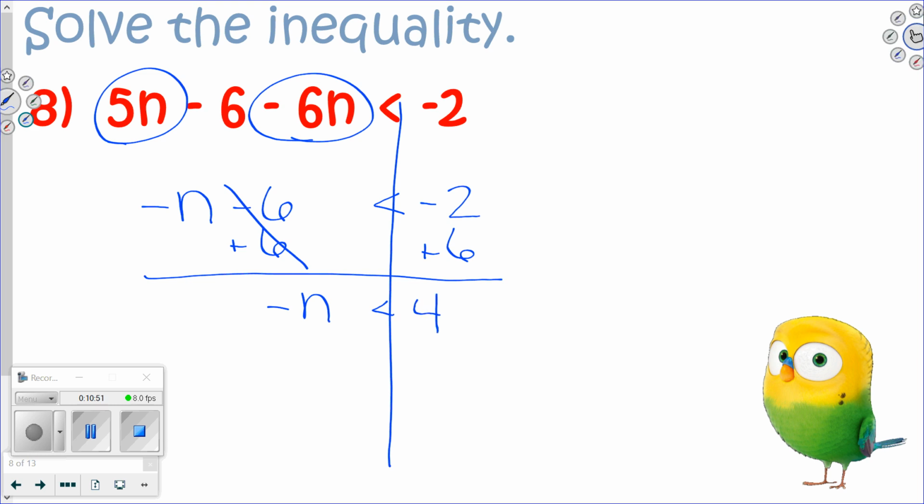Am I done? No, n's not by itself yet. How do I get rid of that negative sign? Negative 1. Does that flip? Yes. So n is greater than negative 4.